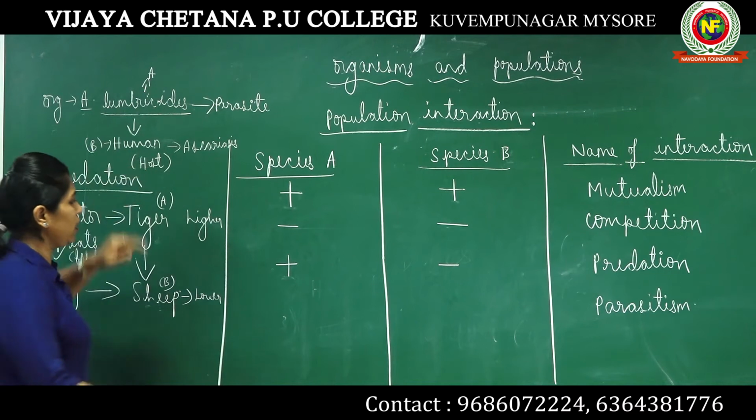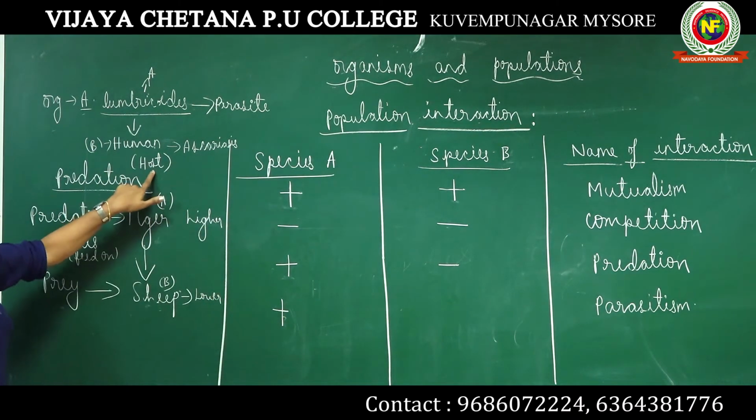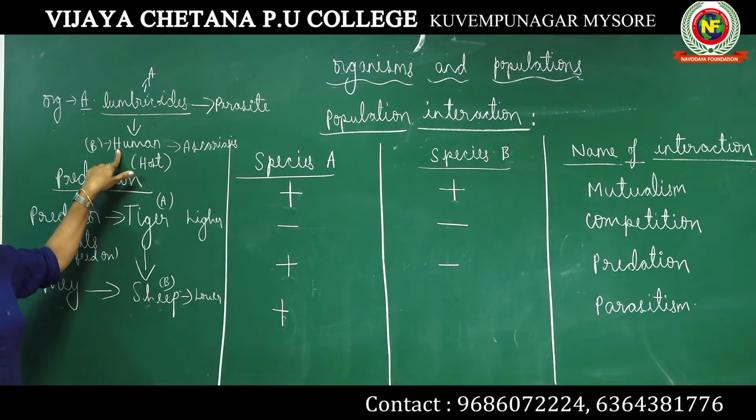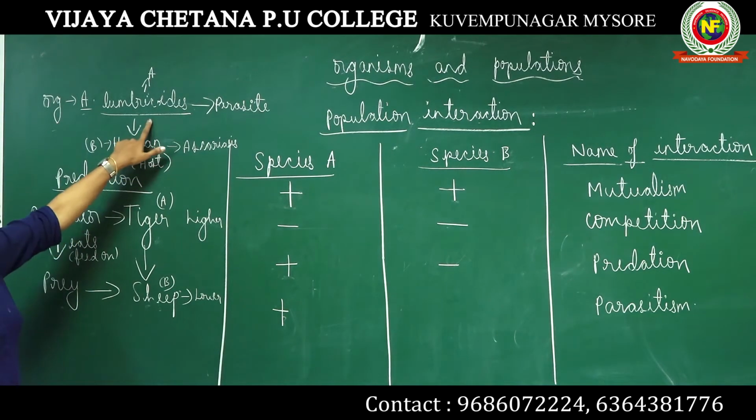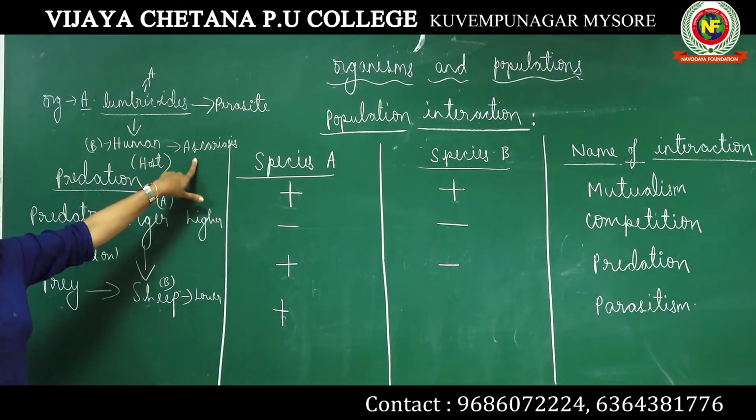Species A is benefited, whereas human beings are the host. They are known as species B in this case. So what is the interaction that it is experiencing with species A? It is negatively affected because it is developing a disease.